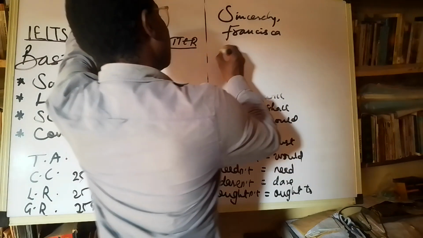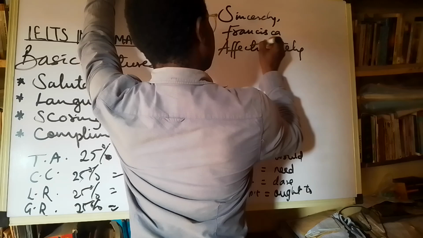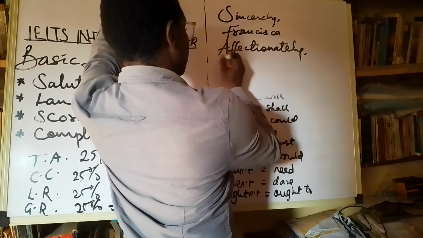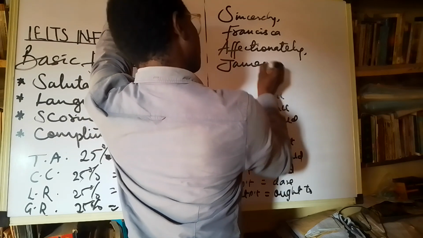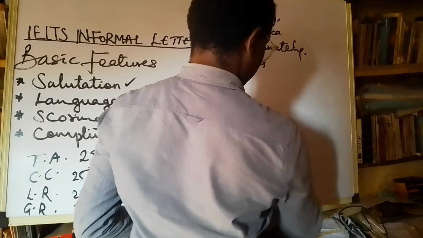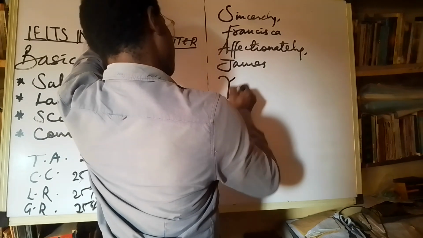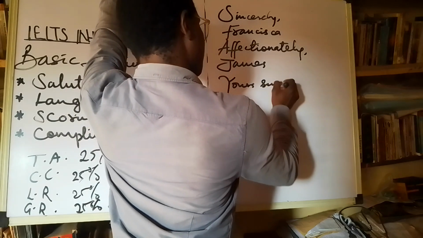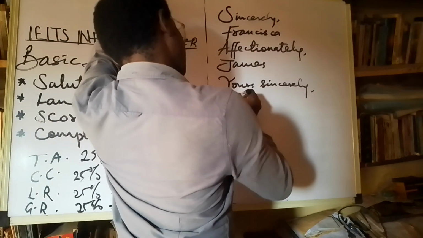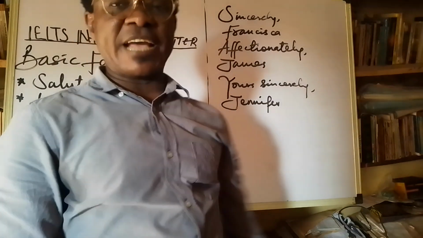The alternative is to write affectionately and write your name, James. You may also prefer to write in full, yours sincerely, Jennifer.